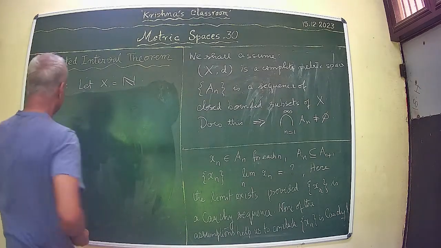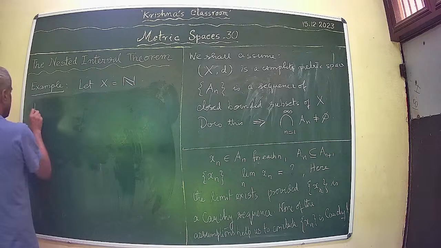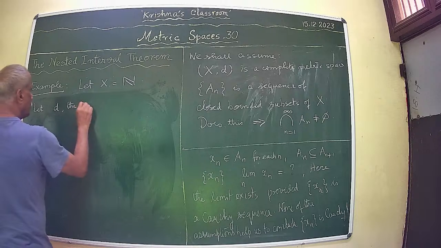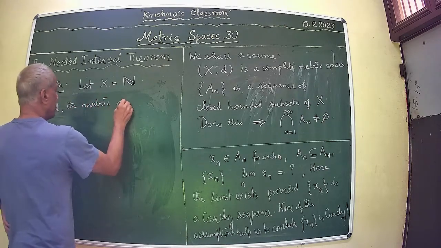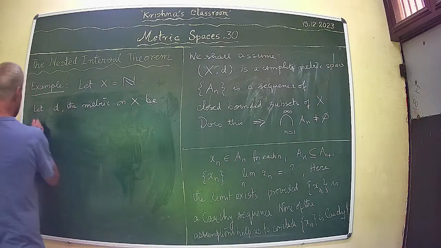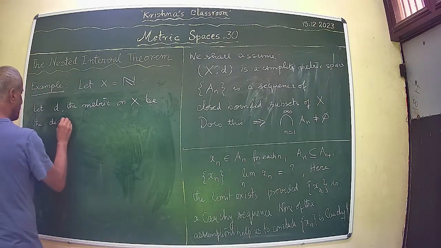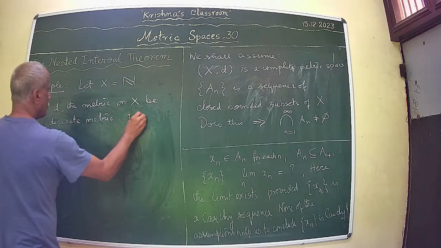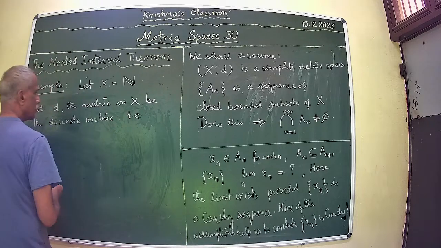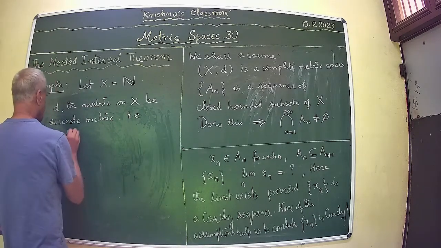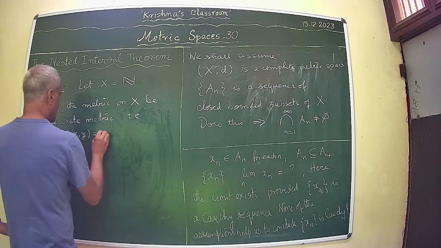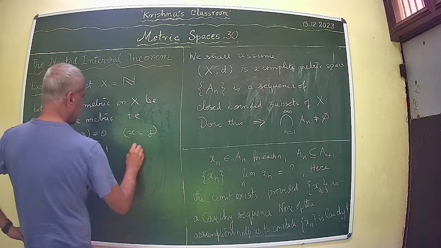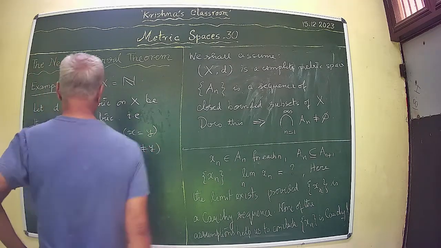We use the discrete metric. Let d be the metric on X, that is d of x, y equal to 1 whenever x is not equal to y.